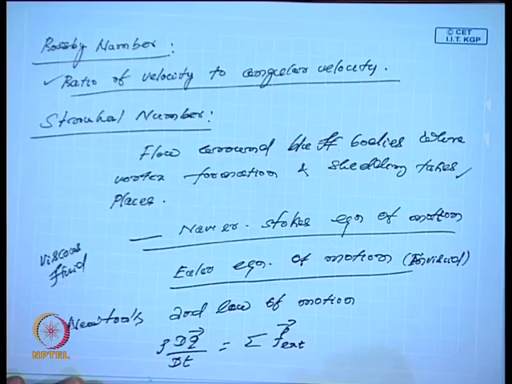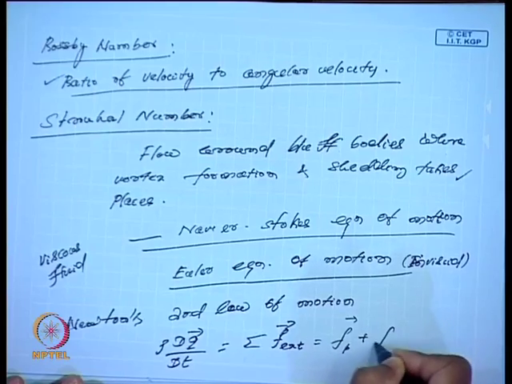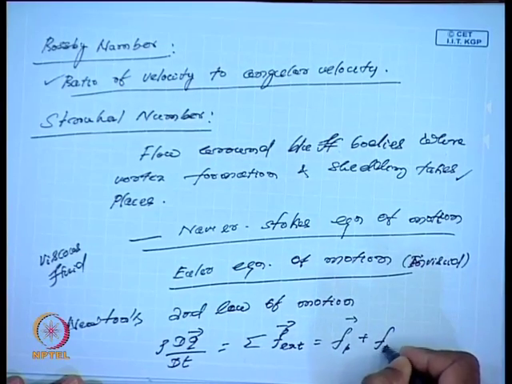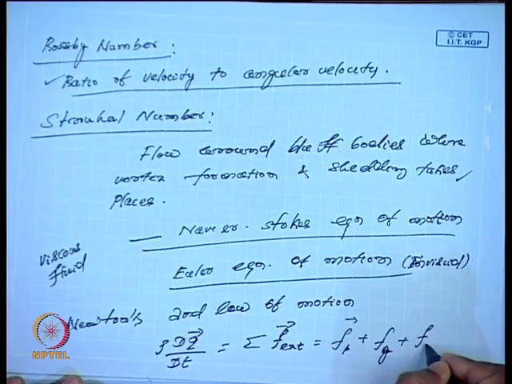In case of the Navier-Stokes equation, here we will emphasize three forces: one is the pressure force, one is the body force, sometimes called the gravitational force, and another is the viscous force.